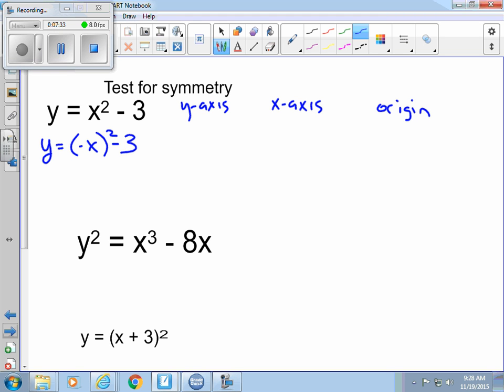Doesn't squaring something make it positive? Yeah. So if we agree that that is equivalent to the original, the negative x squared would be a positive x squared.